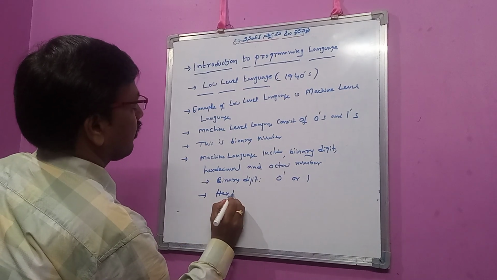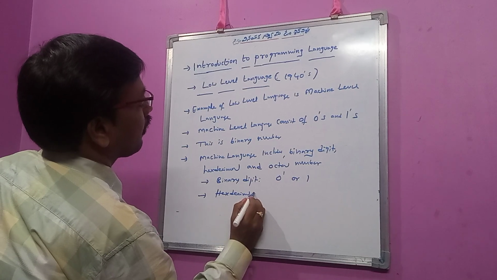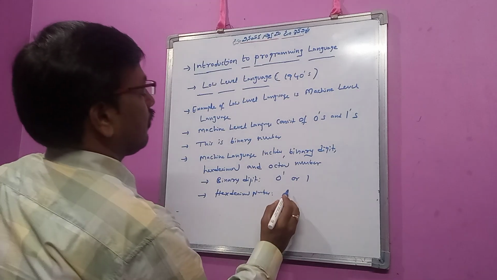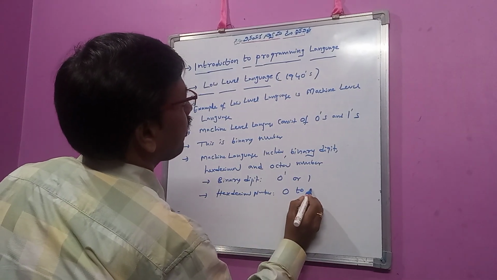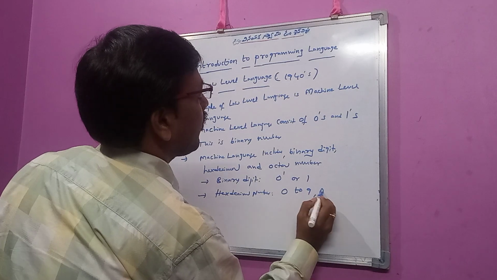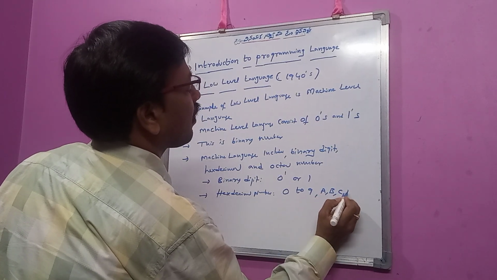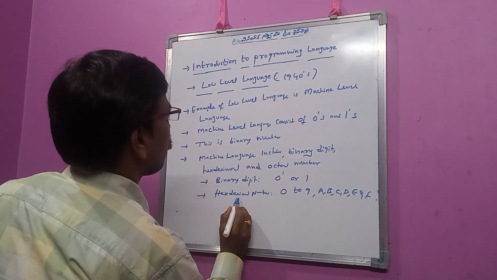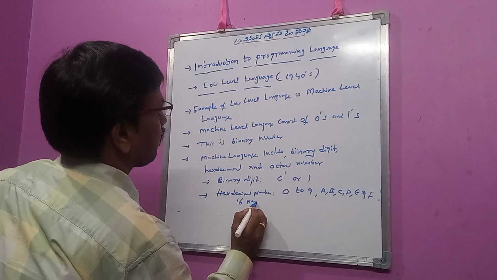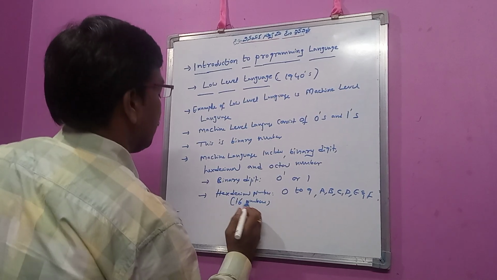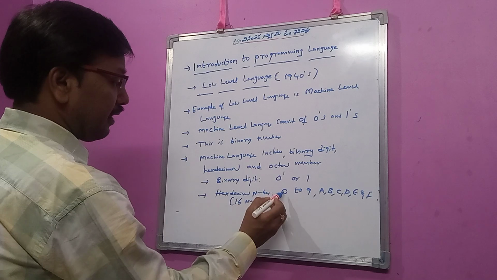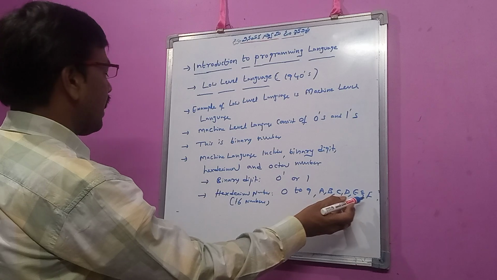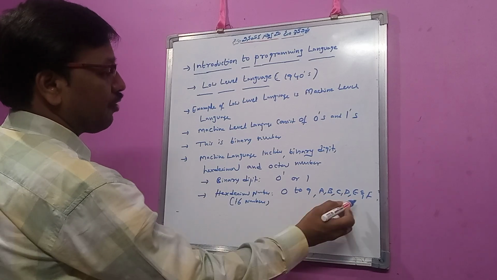Hexadecimal number is 0 to 9, A, B, C, D, E, and F. Totally we have 16 numbers.